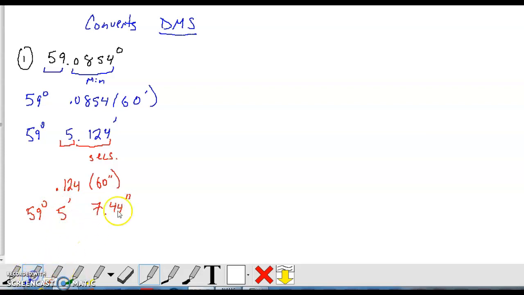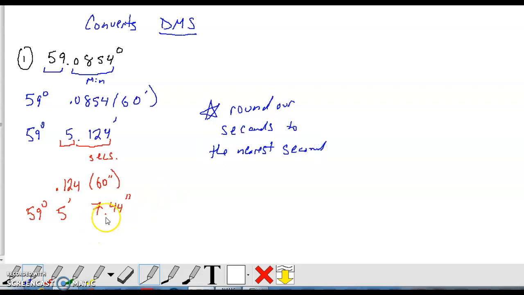Something that I want you to always remember is we are going to round our seconds to the nearest second. So 7.44 is below 0.5. So this one is 59 degrees, 5 minutes, and about 7 seconds.